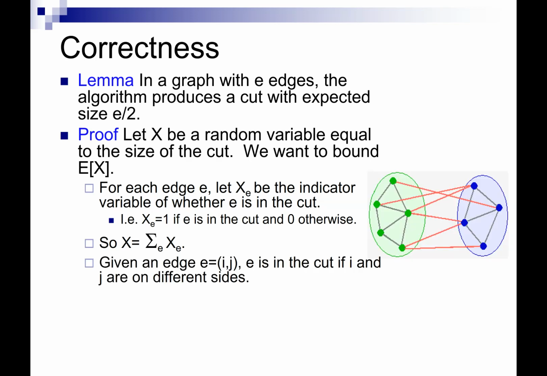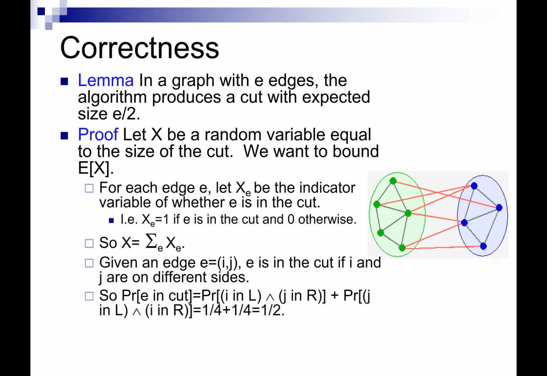Now what you can say is that if you have an edge ij, so it's got 2 vertices i and j, then this edge is going to be cut if and only if i and j are on different sides of the cut. If i and j are on the same side, then this edge between them is not going to be cut.